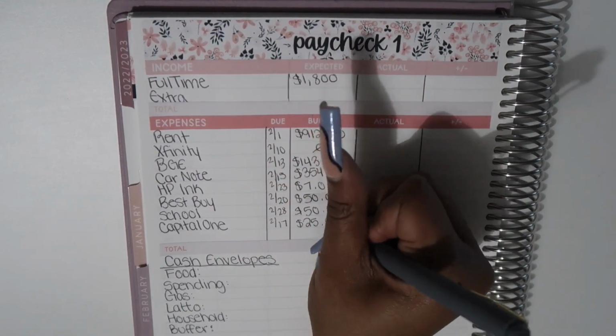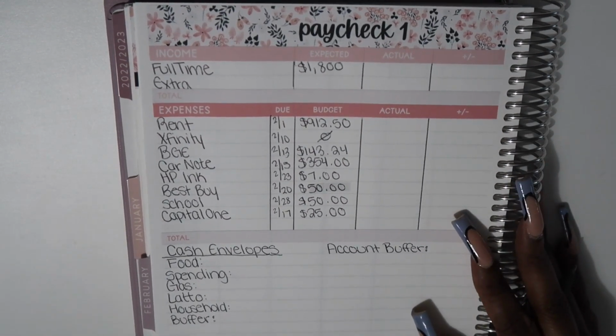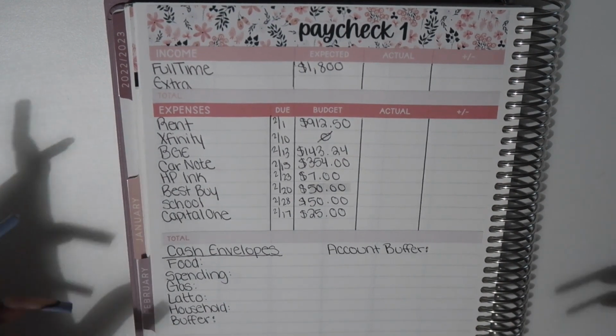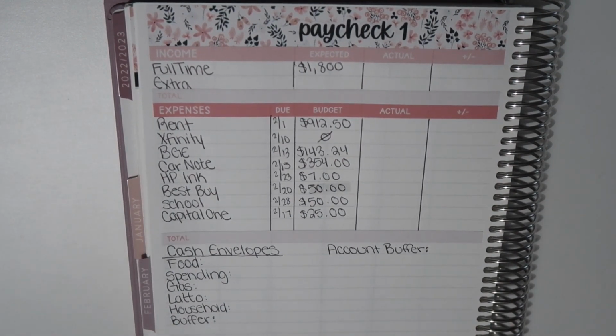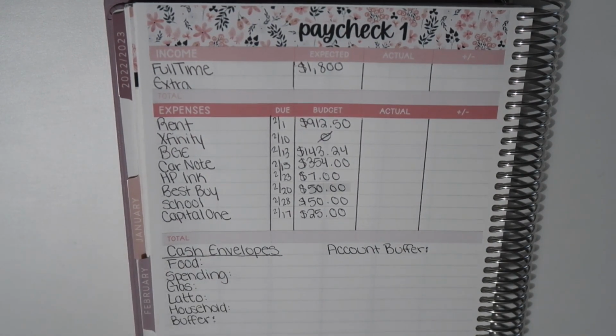As you know, I do pay on all of my debts out of my paychecks, and I also have a sinking fund for them. I actually have two sinking funds. I have a debt envelope that I stuff into, and then I have my monthly savings challenge. Once my debt envelope hits the amount that I need, I pull that money out and pay on that credit card, debt bill, whatever I'm trying to save up for as far as debt's concerned.